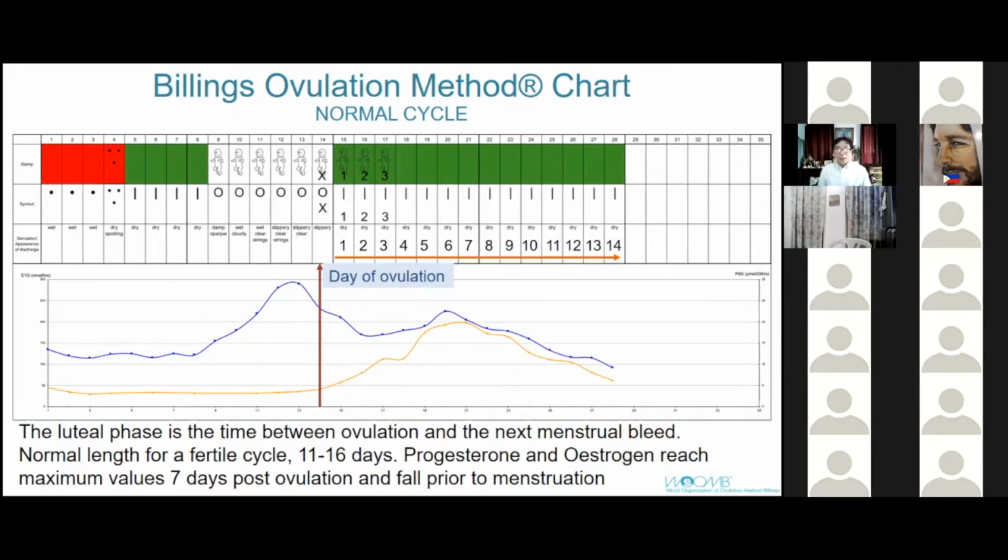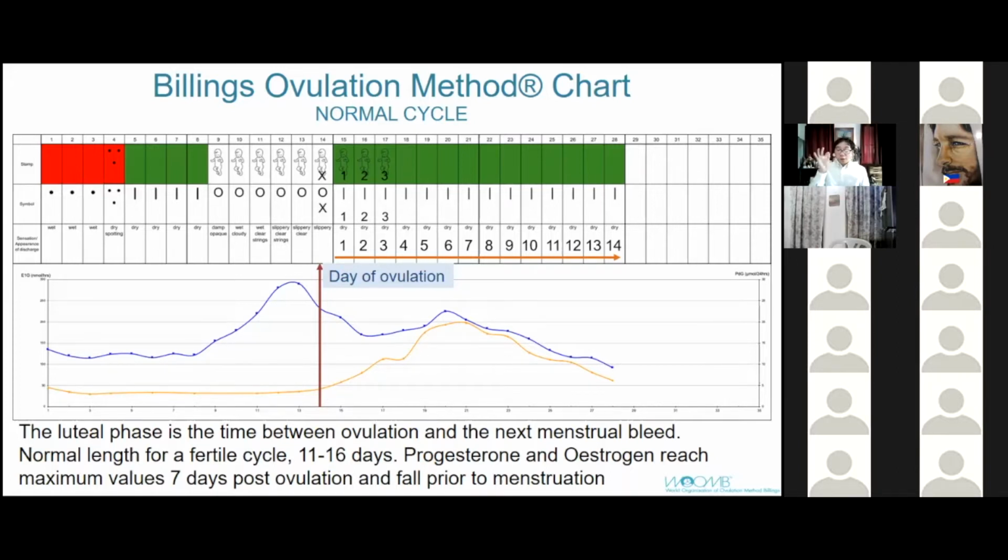I repeat, in order for the cycle to be considered fertile, the length of the luteal phase must be within the normal length, and that is 11 to 16 days. And as the luteal phase begins to end, progesterone and estrogen now drop.